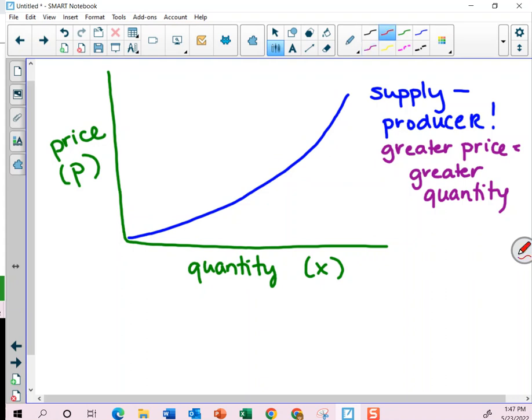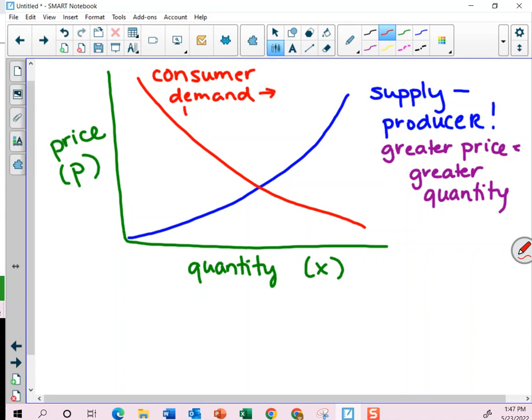Now the consumer, which is the easier one to understand, because that's more of what we are. All right. The demand curve kind of looks at it the opposite way.